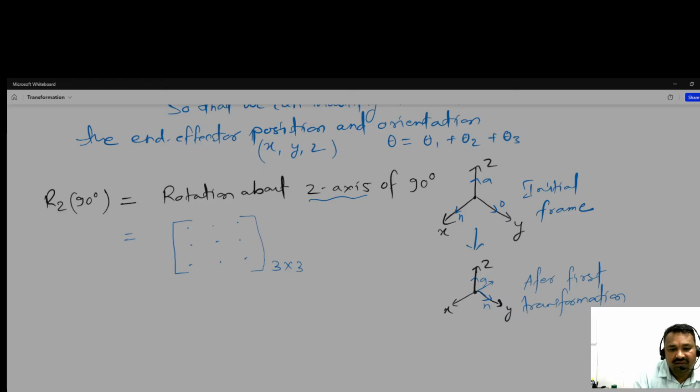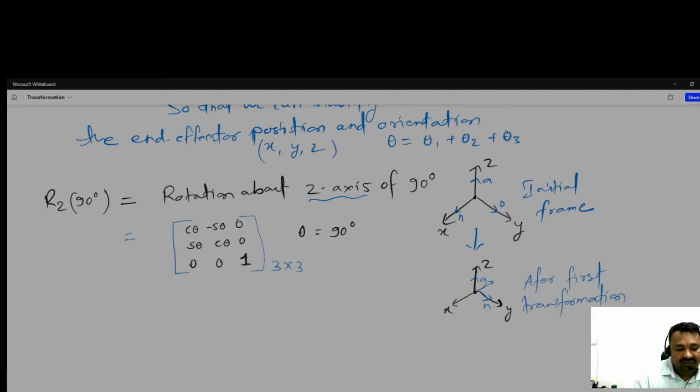The last element will be 1, and this will be C theta, minus S theta, here S theta, here C theta, and the other elements will be 0. So this is the rotation about the z axis, and theta here is 90 degrees.